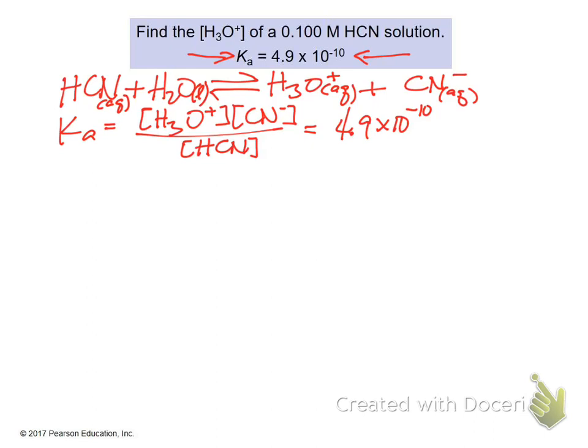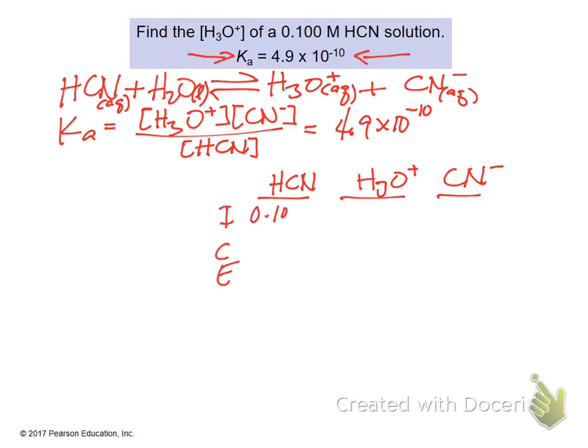And so now you have to set up the ICE table, right? Because this is an equilibrium problem. So we have HCN, H3O plus, and the conjugate base, CN minus. So we're given the initial concentration, which is 0.100. And initially for the products, 0. And the change here then will be negative x for the reactants and positive x for the products.